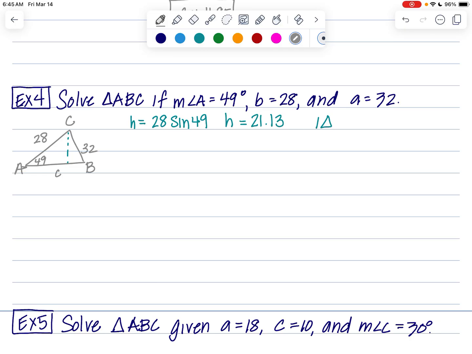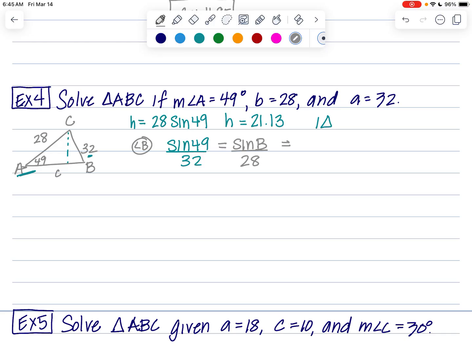Okay, so the ratio I'm given, again, is my A ratio, so I'm going to use that. Let's find angle B first. It doesn't matter. You can find angle C. Okay, so I'm going to set up my ratio. Sine of 49 over 32 is equal to the sine of angle B divided by 28.